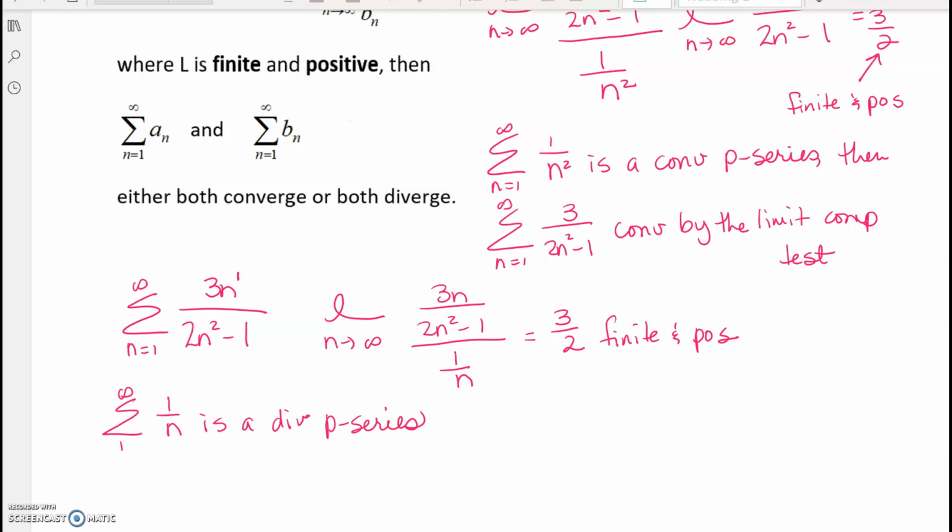It's not the only one, but it is the most used one, I think. Then your series converges by the limit comparison test. Or did I say convergence? I don't remember. It diverges, because this one diverges. They do the same thing. Diverges by limit comparison test.